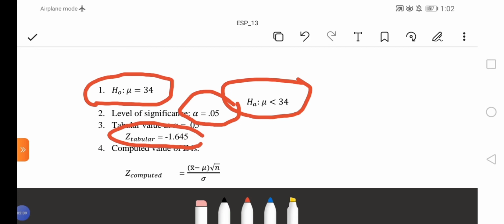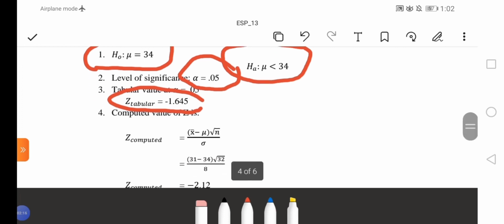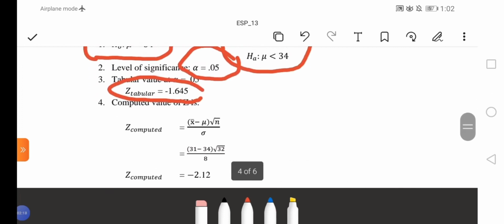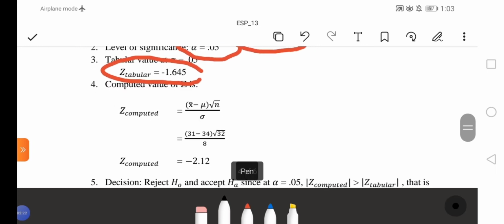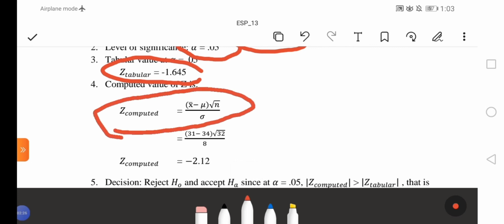The next step in testing the hypothesis is computing the value of z. To compute the value of z, we have the formula: z computed is equal to the difference of the sample mean and the population mean, multiplied by the square root of the sample size, and divided by the standard deviation.